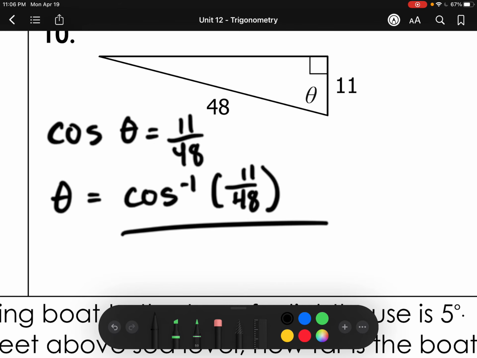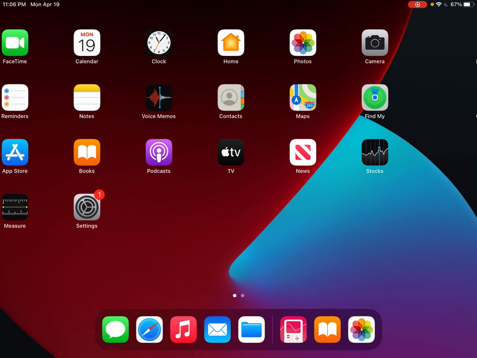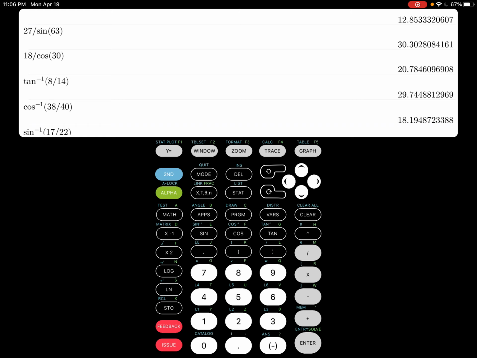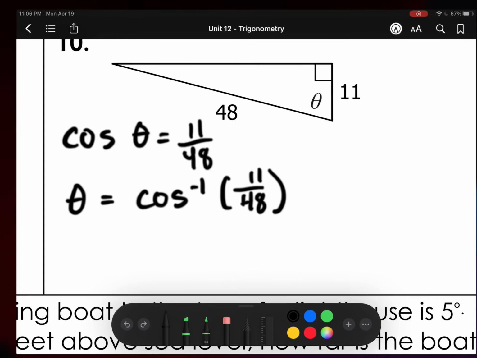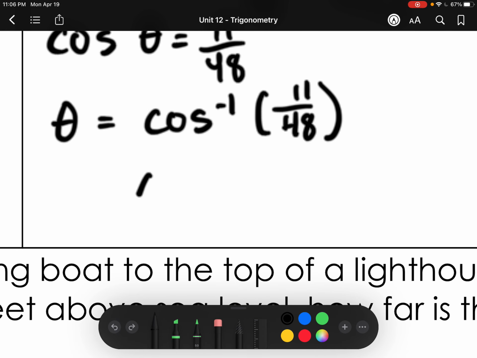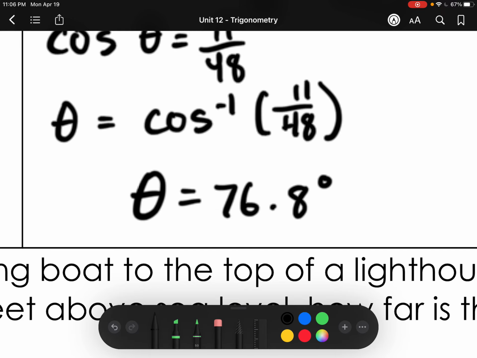So this is what we type into our calculator. Clear everything out, click second and cosine, and you get the inverse of cosine of 11 divided by 48. Click enter, and you get 76.75, or 76.8. So theta is equal to 76.8 degrees.